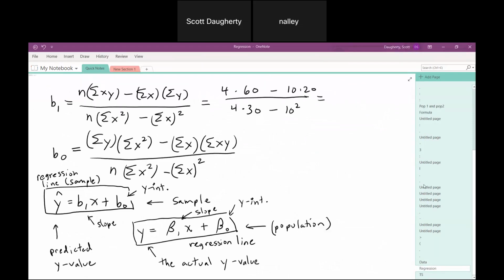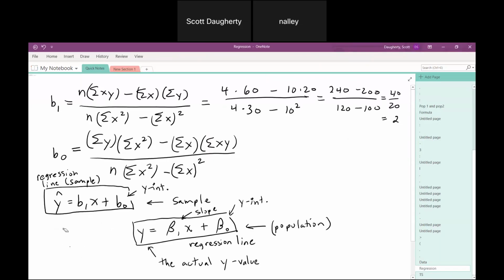So if you multiply this out, you get 240 minus 200 over 120 minus 100. 10 squared is 100, right? So notice you get 40 over 20, and that's just equal to 2. Okay, and so now we know the slope of this line, the regression line.